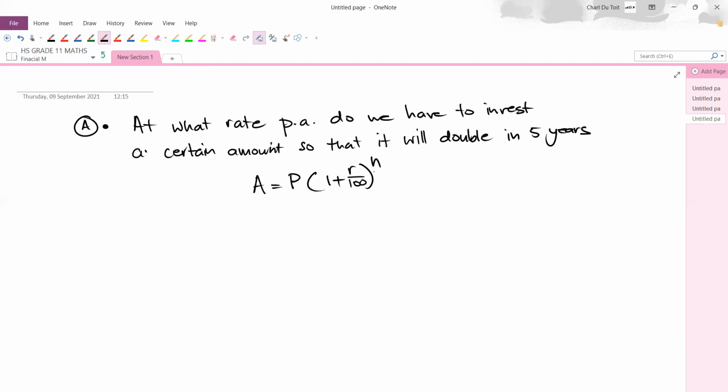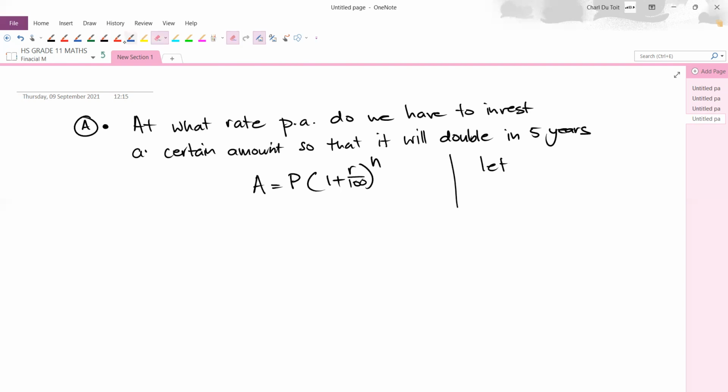So maybe you would want to give me an idea how to start the sum. After 5 years. Okay, so I think we can write 2A equals 2P multiplied by 1 plus R over 100. Sorry, I didn't get that. A equals P. Isn't it like 2A since like the amount will be doubled? Okay, but let's do the following.